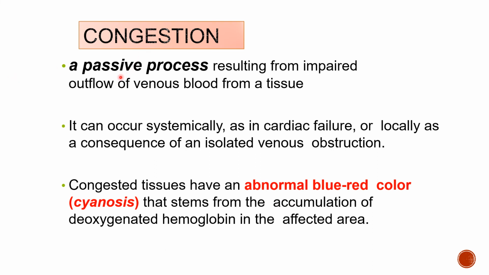Hyperemia is the active process and congestion is a passive process resulting from impaired outflow of venous blood from the tissue. It can occur systemically as in cardiac failure or locally as a consequence of isolated venous obstruction. These congested tissues have an abnormal blue-red color or cyanosis that stems from the accumulation of deoxygenated hemoglobin in the affected area.